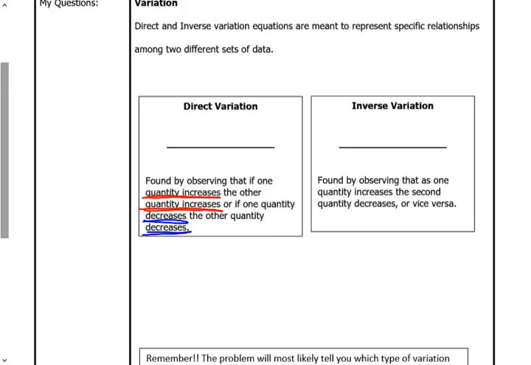So the formula for direct variation is y equals k times x, which looks familiar because that's y equals mx. k is slope. We're calling it something different because we're in a different context, but it's still slope. Notice the most important thing here is what's not here. There is no y-intercept. That doesn't mean it doesn't have one.